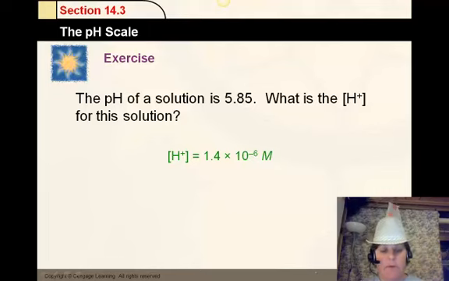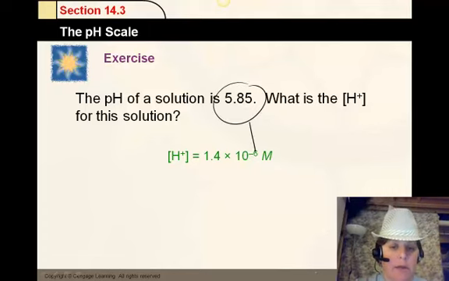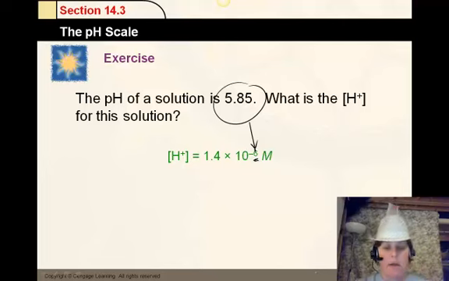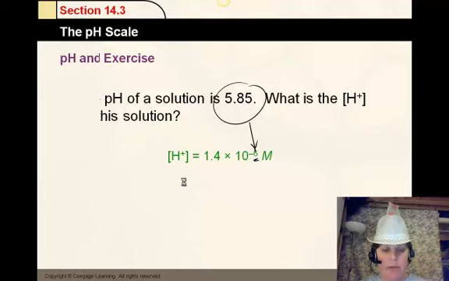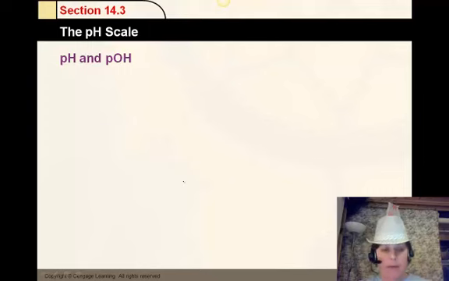When we do, we get about 1.4 times 10 to the negative 6, as this suggests. Notice you get a ballpark answer if you just look here. 5.85, making it negative, is about negative 6. So approximately, that's one way to kind of eyeball the answer to make sure you're getting about the right thing.